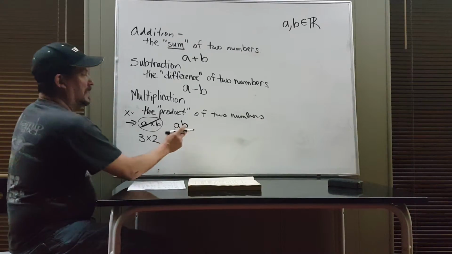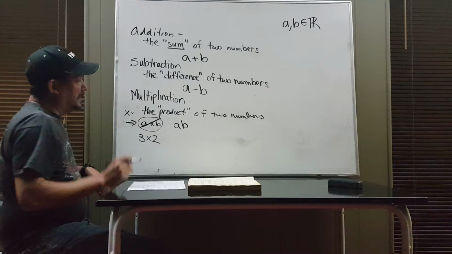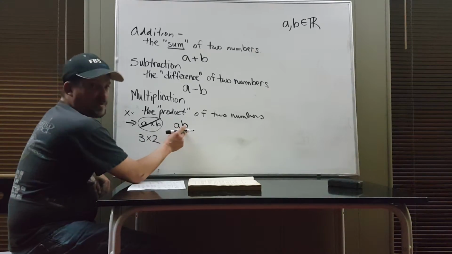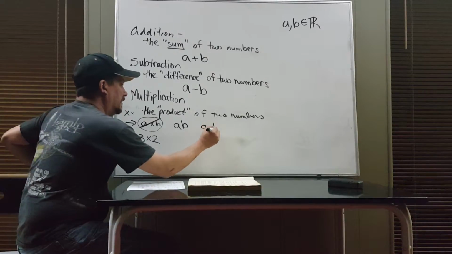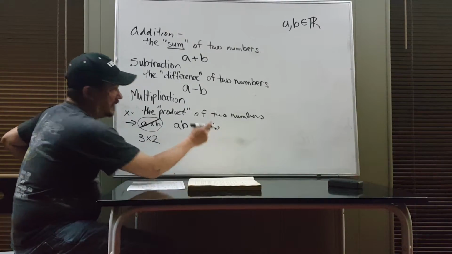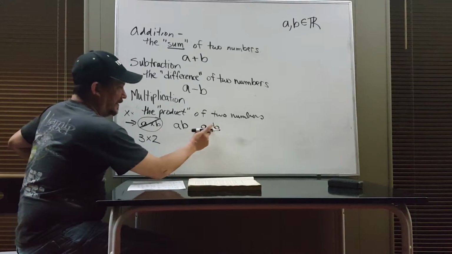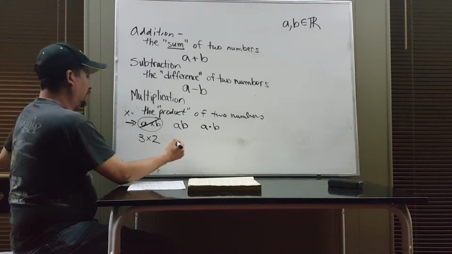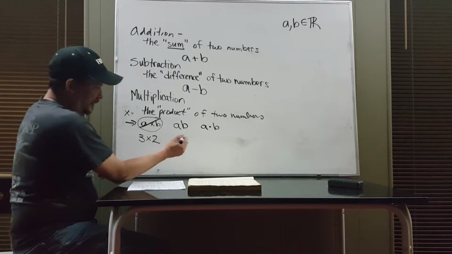A B, if they're next to each other, like this, in a sentence, this means A times B. And a lot of the times, this dot is used a lot in multiplication to indicate multiplication, A dot B. So we can't write 3 2, right? Because that would be 32.